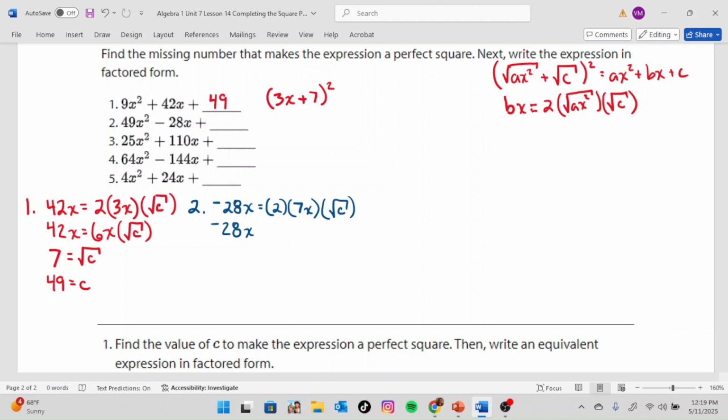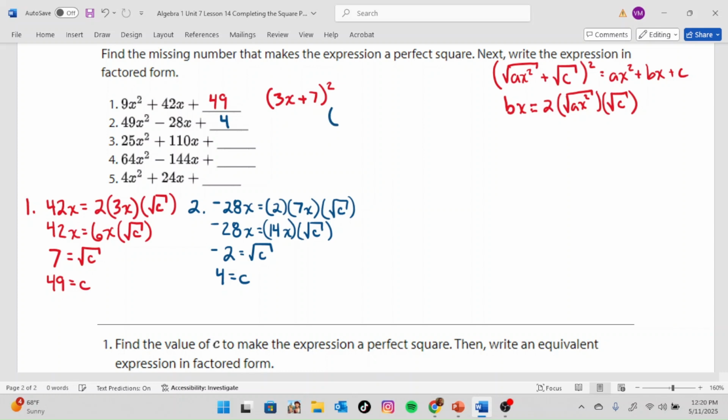Two times 7x is 14x, times the square root of c. Now we divide both sides by 14x, and we get negative 2 equals the square root of c. If we square both sides, then we get 4 equals c. So the missing number is 4.